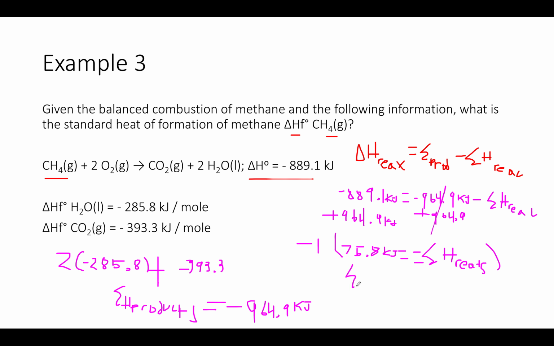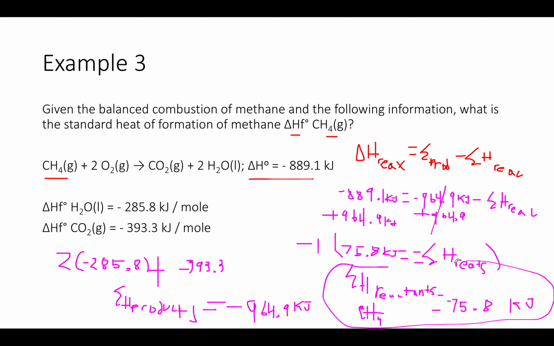So we get the heat of our reactants, or methane, to be negative 75.8 kilojoules because we multiplied it by -1. And that is our final answer.